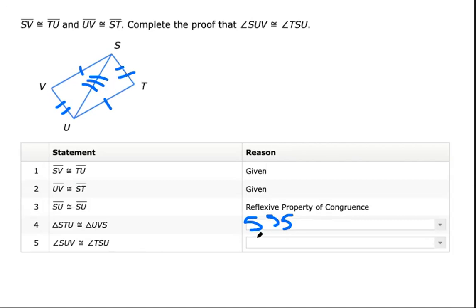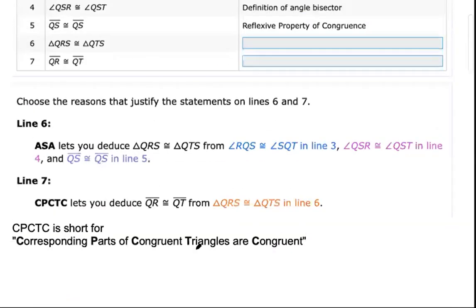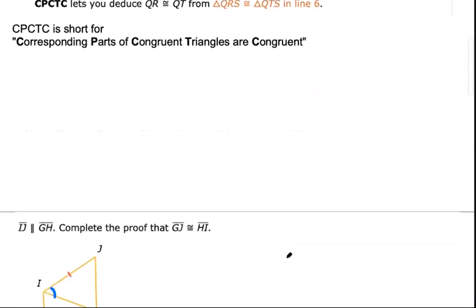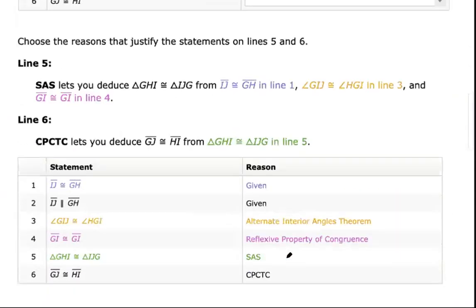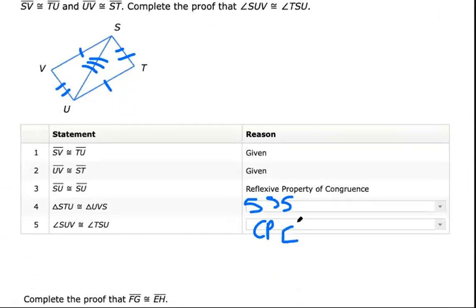That's going to be the corresponding parts. Corresponding parts, go back to that definition back here. Corresponding parts of congruent triangles are congruent. CPCTC, okay?